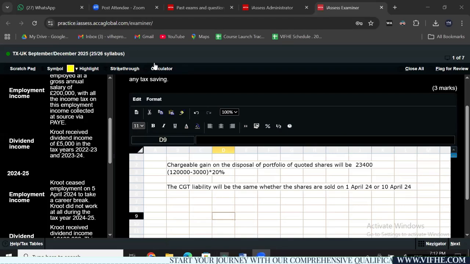See, there's a point, I think maybe a change in the tax rate. When you went through the recordings, I did tell you that the rates are 10% and 20% for the disposal of chargeable assets, and for the disposal of a residential building there is a difference in the rate. 18% is the basic rate while 24% is the high rate.